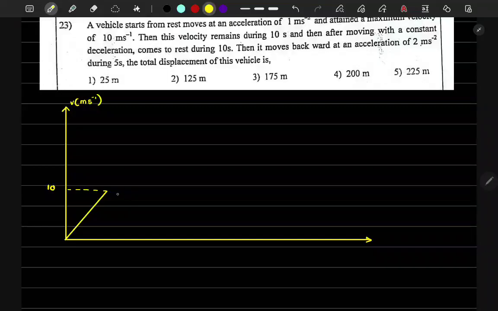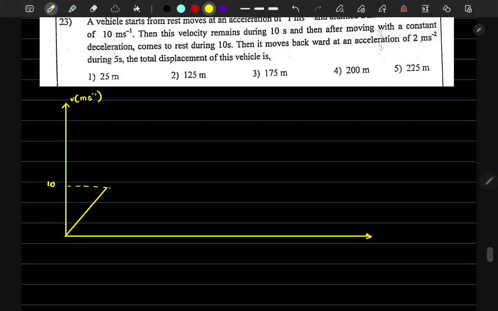Then it moves at this velocity for 10 seconds. Then after moving with a constant deceleration, it comes to rest during 10 seconds. So after another 10 seconds, it comes to rest.